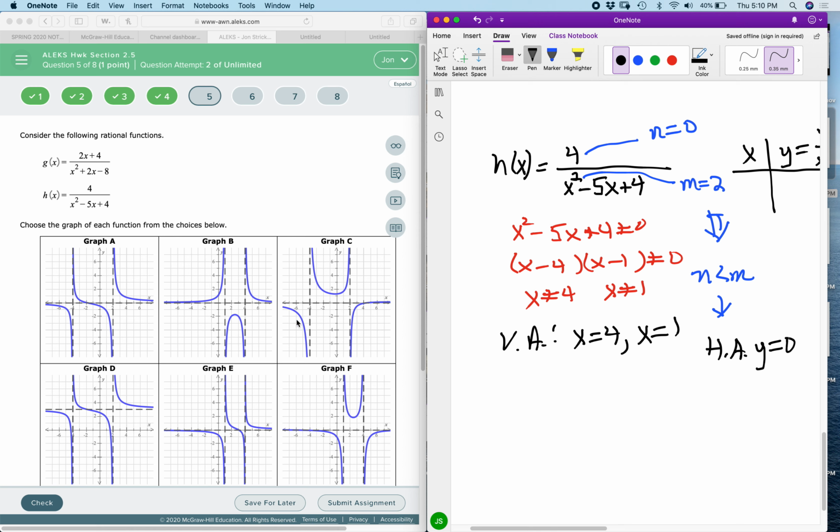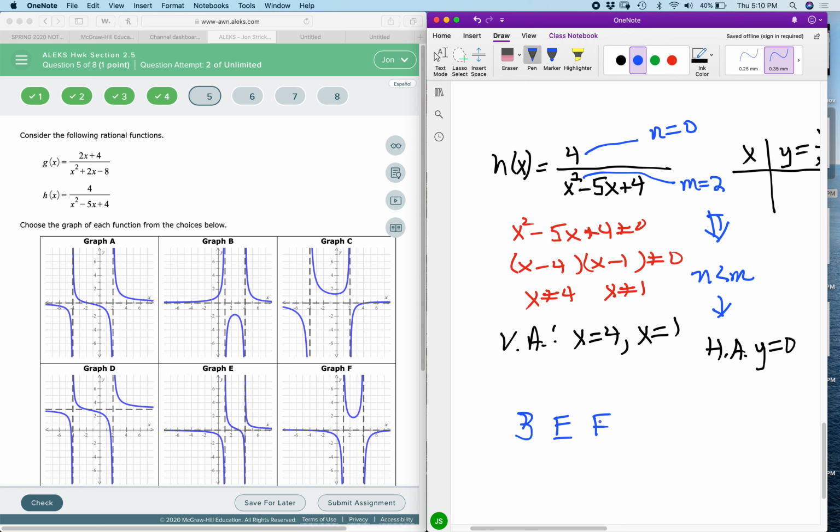Where we have y equal to 0, you have graph A, graph B, graph C, as well as E and F. But where the vertical asymptotes are x equal to 1 and x equal to 4, A is out of the picture, B is in the running, C is not, D is not, E is a possibility, and graph F is also a possibility.